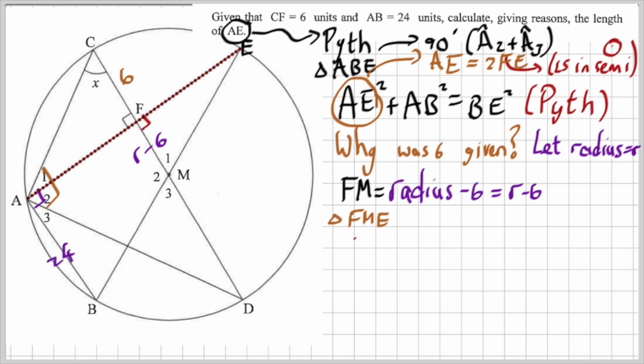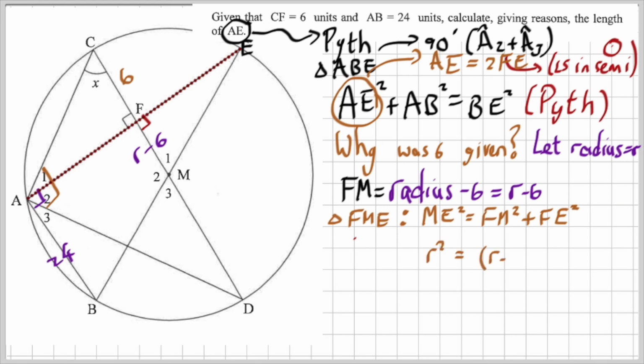Remember, we had that right at the beginning. That was the first question that was actually asked of us. Why is AF equal to FE? So in triangle FME, I can use Pythagoras with ME squared equals FM squared plus FE squared.